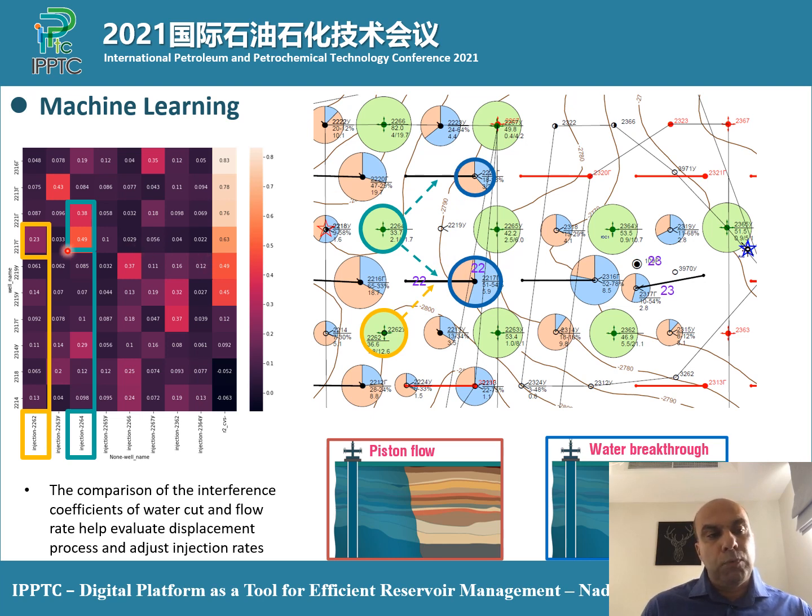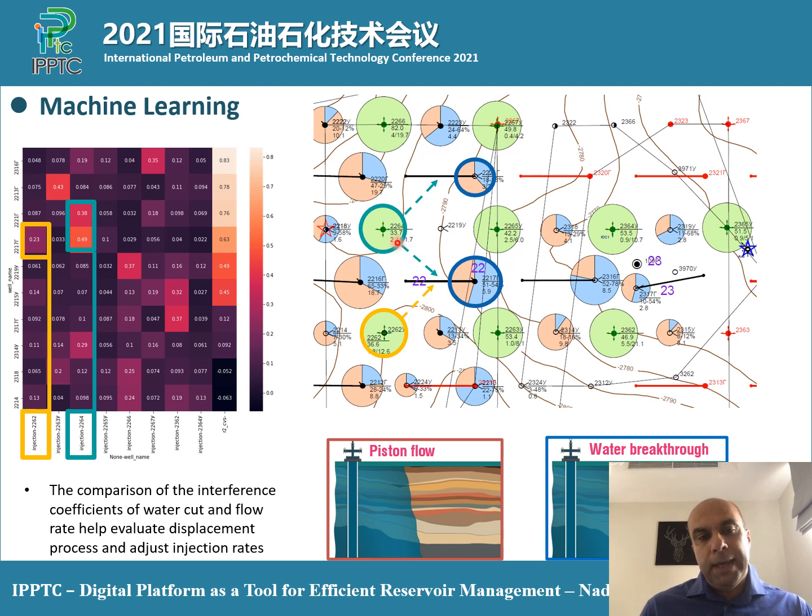So in this specific case, I just wanted to show the interaction between two injectors and two producers, and from the table, what we can deduce from the different coefficients for water cut is that this injector highlighted in green does affect the hydrocarbon production of both producers, and this injector affects the hydrocarbon production of this producer only.